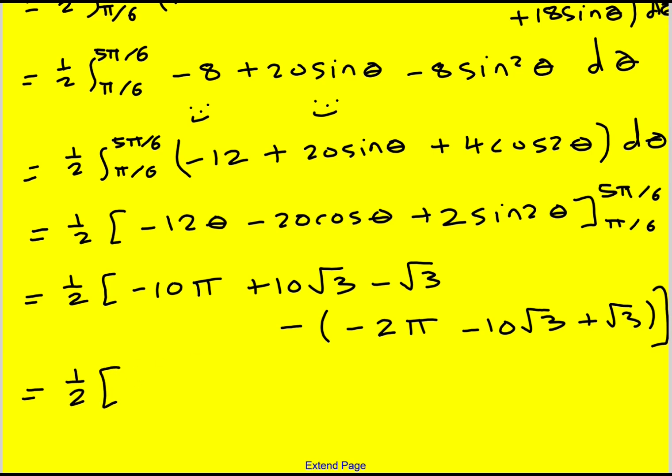So that's a half. And then minus 10 pi plus 2 pi is going to be minus 8 pi. Then we've got a lot of 10 root 3s. We've got 9 root 3 here. And then I'm minusing minus 9 root 3. So actually it's going to become 18 root 3.